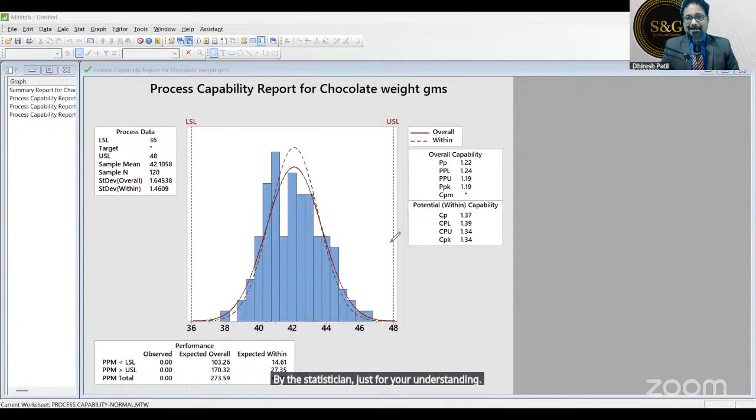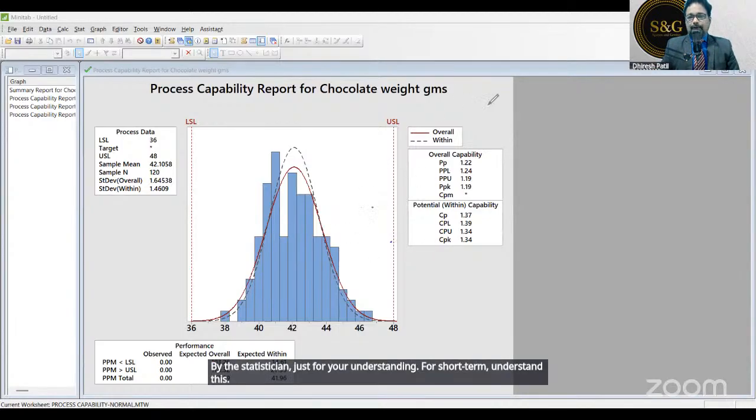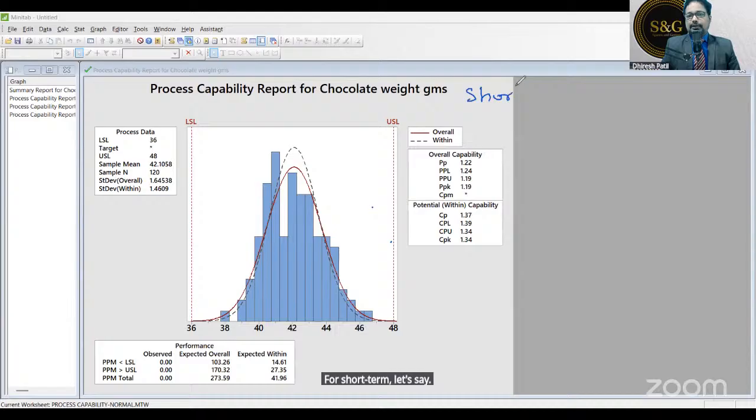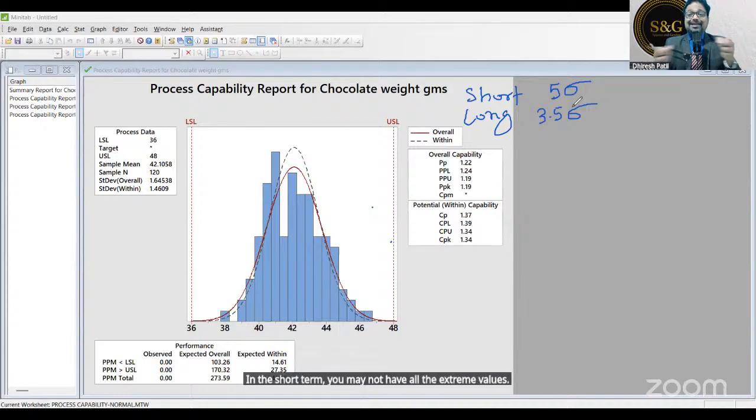They say that if for the short term your process is, let's say, a 5 sigma process, then for the long term it will reduce to 3.5 sigma. What is the logic behind it? In the short term, you may not have all the extreme values, but in the long term, you have all the extreme values.